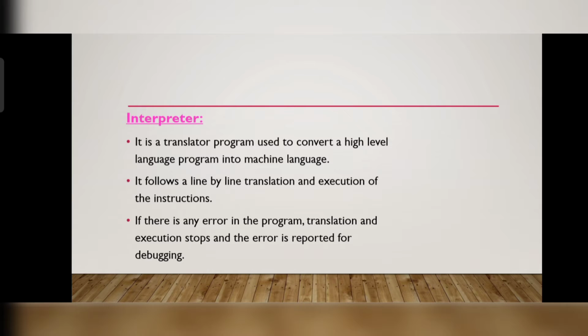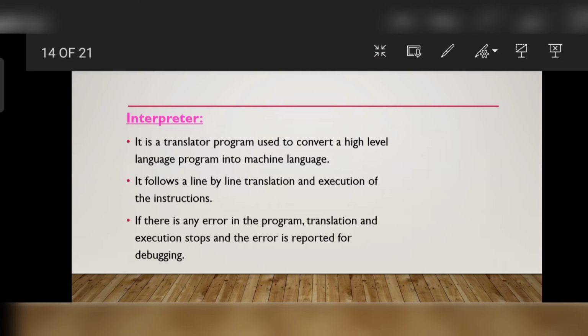So in the case of an interpreter, it follows a line-by-line translation and execution of the instructions. For example, if a program consists of 5 lines of instructions, let it be a program for adding 2 numbers.